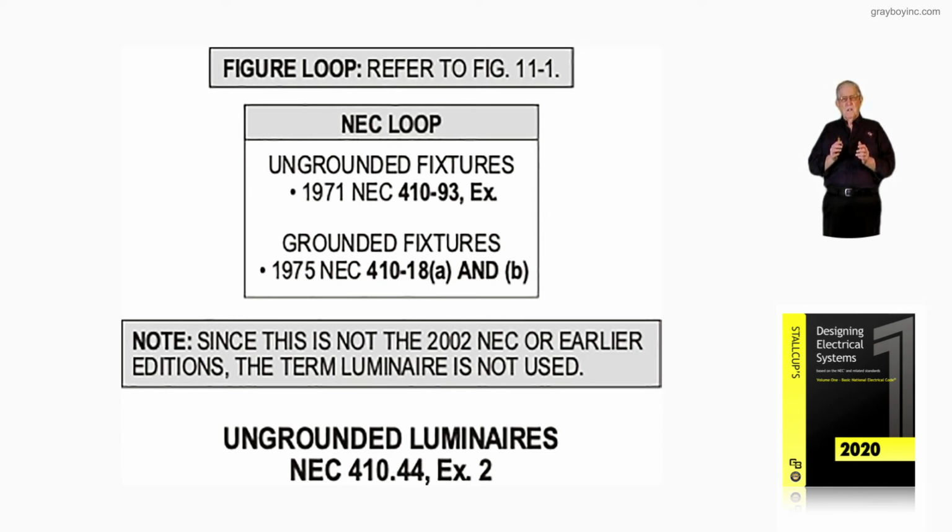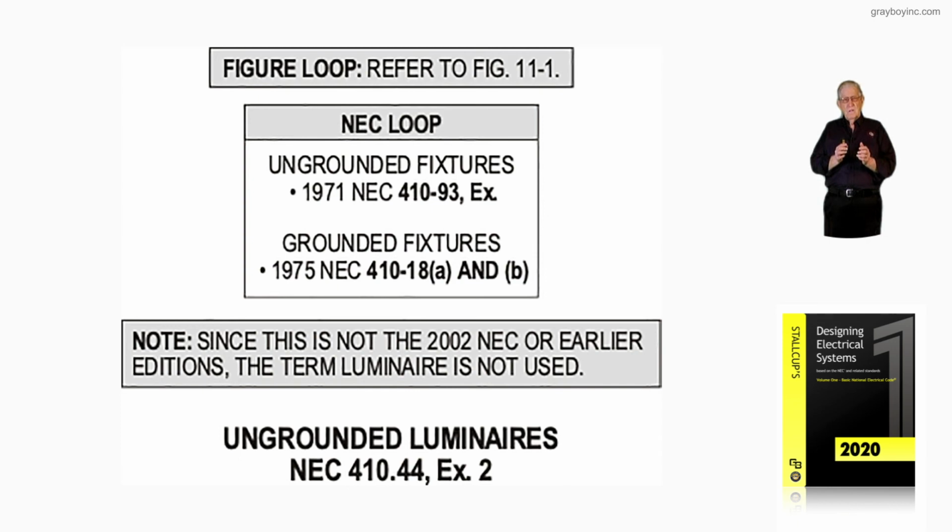So be sure that you understand Figures 11-1 and 11-2 about when is a fixture called a luminaire, by which code, and it's there in the illustration. And then when lighting fixtures, identified as lighting fixtures, were not provided with an equipment ground.